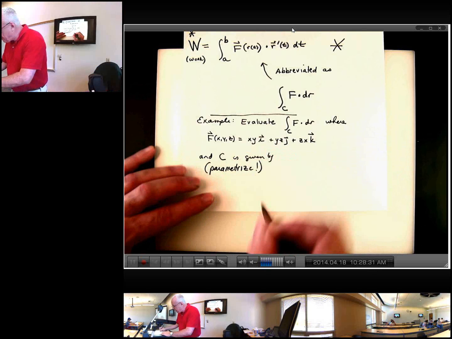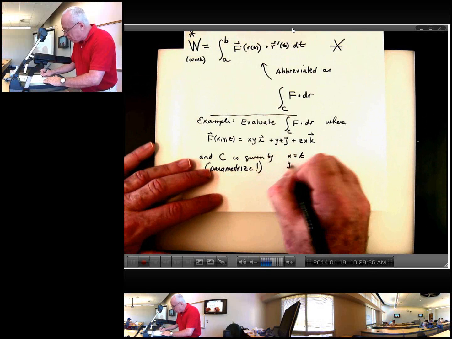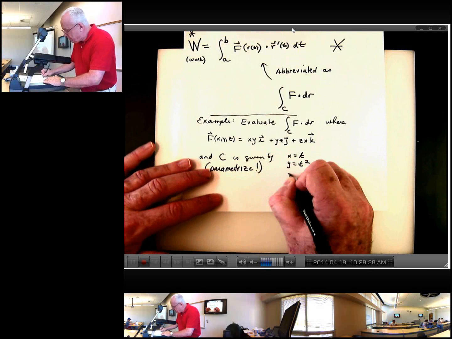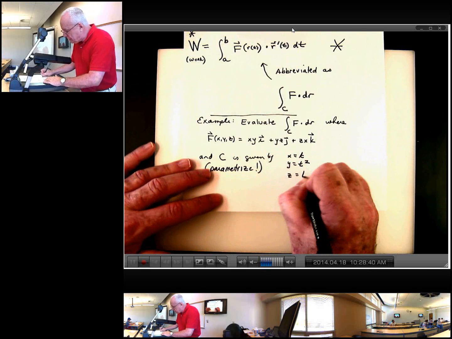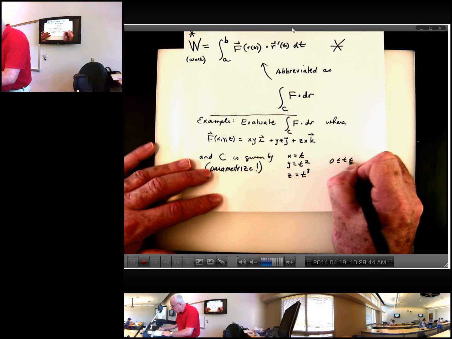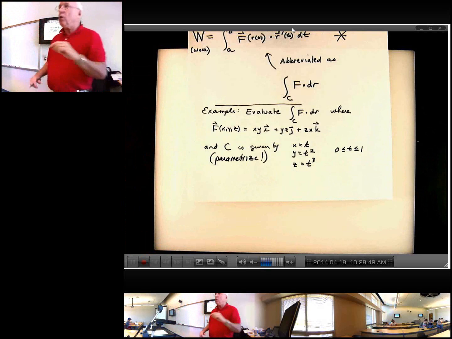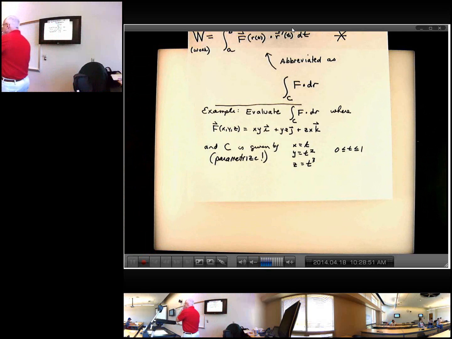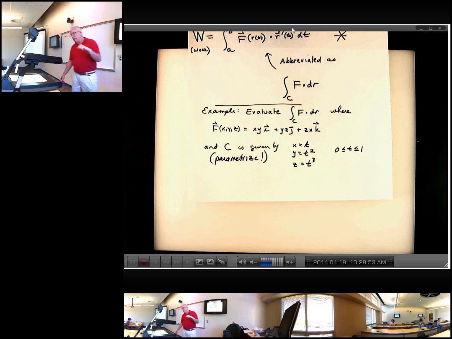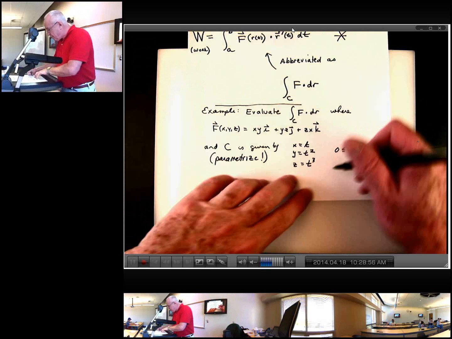It's given by x equal to t, y equal to t squared, and z equal to t to the third power, where in this case, t is ranging from 0 to 1. This curve, I showed this one time in an example, I think it was last semester. There's actually a name for this.